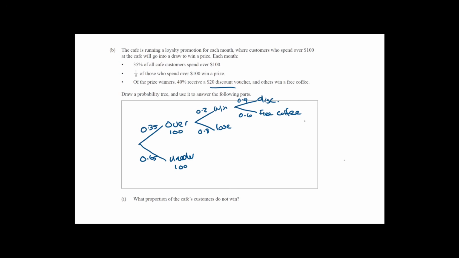Okay, so what proportion of the cafe's customers do not win? We could argue that none of them really win, but let's work it out. So these people who spend under 100 do not win. So that's 0.65 they kick off. So then we need this one here. And remember, we multiply down the branches, so it's going to be 0.35 times 0.8. It's going to be in that one, and these ones, technically, I guess they are winners, but we're not really interested in them yet.